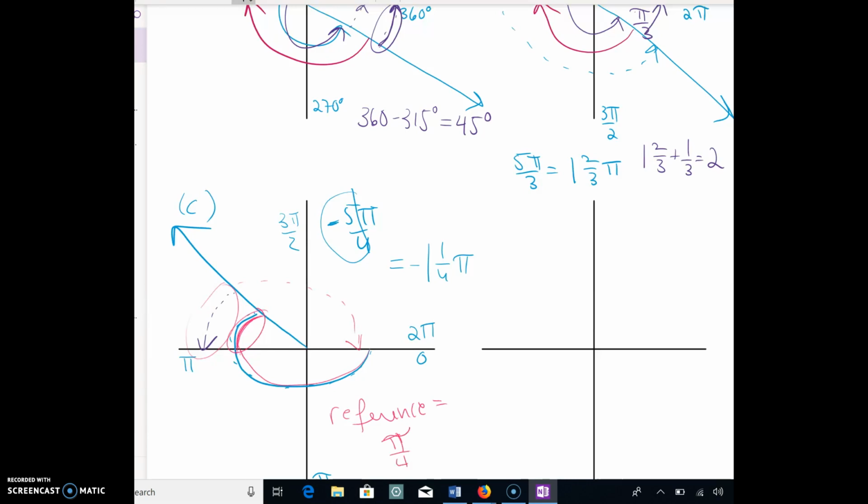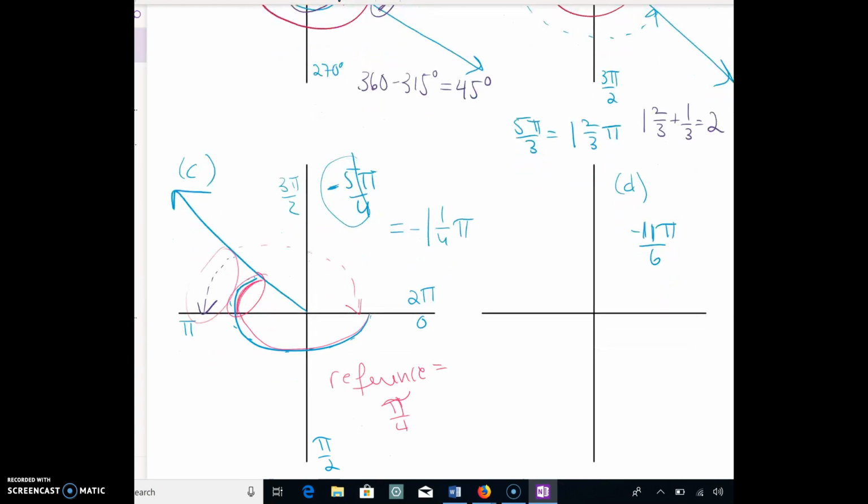Let's take a look at our last example, which is example D. In example D, I am sketching the angle negative 11 pi over 6. Again, notice 2 things. First, I'm dealing with radians, so I'm going to label my axes in terms of radians. And also I have a negative angle, so that means I'm going to travel in a clockwise manner.